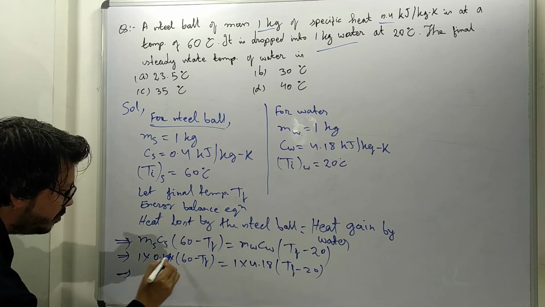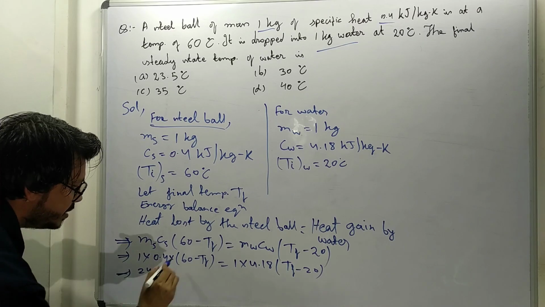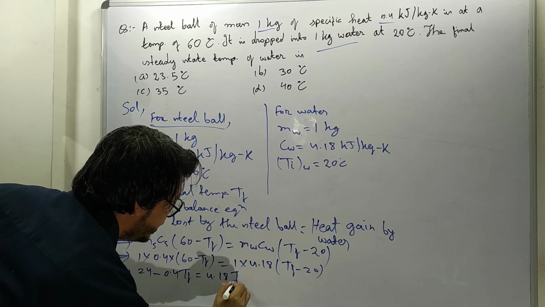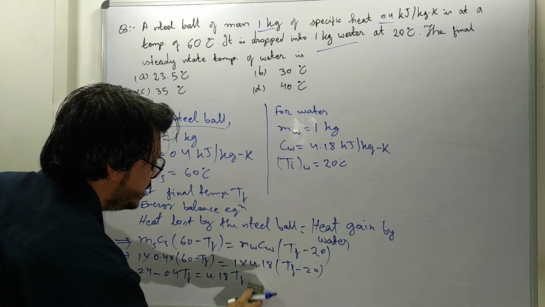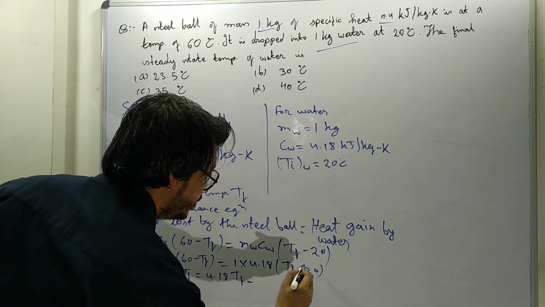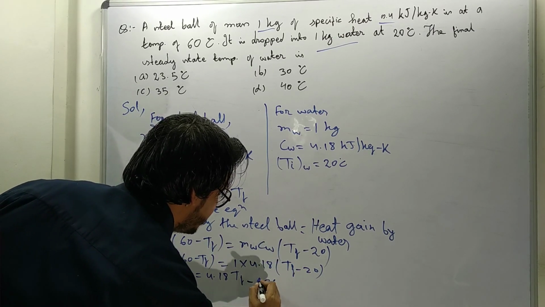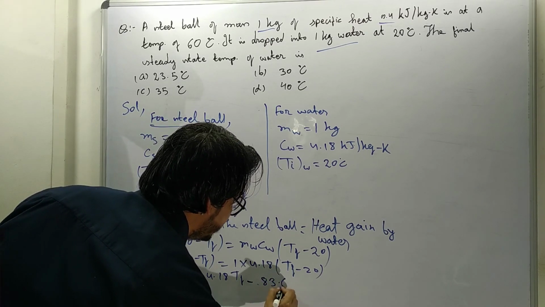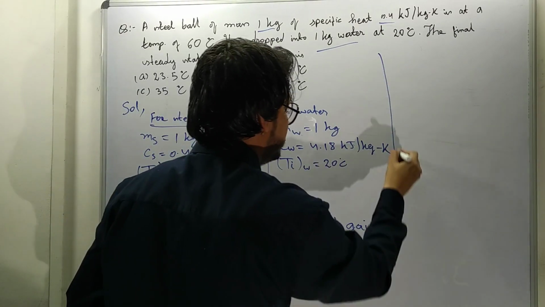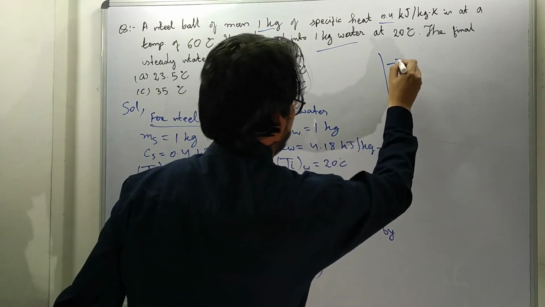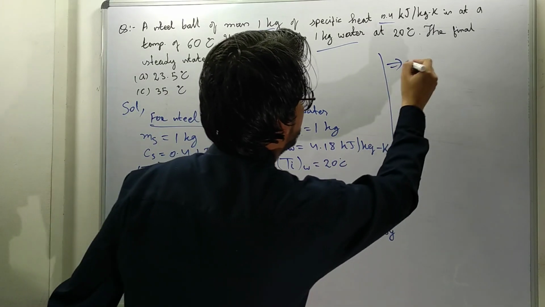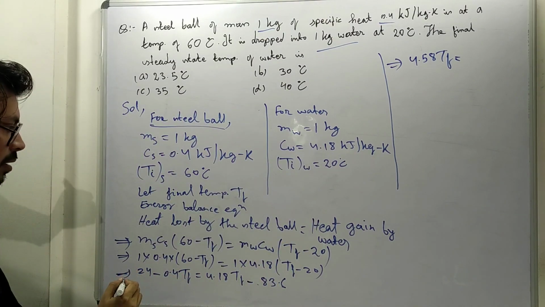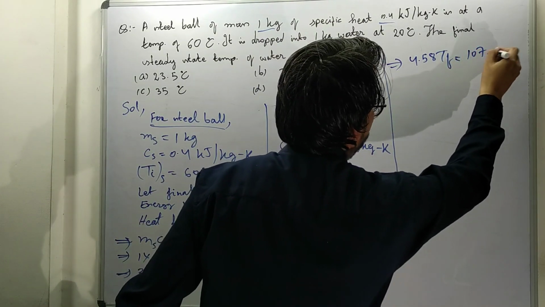From here we have 24 minus 0.4 TF is equal to 4.18 TF minus 83.6. From here we get 4.58 TF is equal to 107.6.